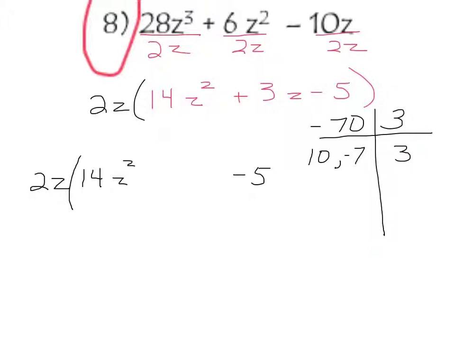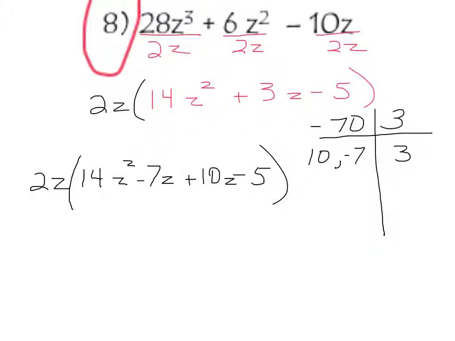So your middle term, which is 3z, is going to be written negative 7z plus 10z, which is the same value. So we're going to write negative 7z plus 10z minus 5. So now we have inside the parentheses the equivalent of what we started with.